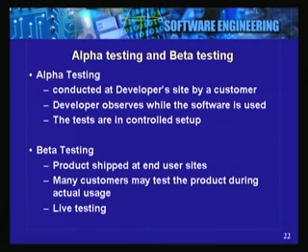The product is shipped to end user sites, and many customers may test the product during actual usage. So we have these two terms, alpha release and beta release, associated with these two different phases in the product's life cycle. One can say it's alpha tested or beta tested. Beta testing is typically live testing at the customer site on live data.